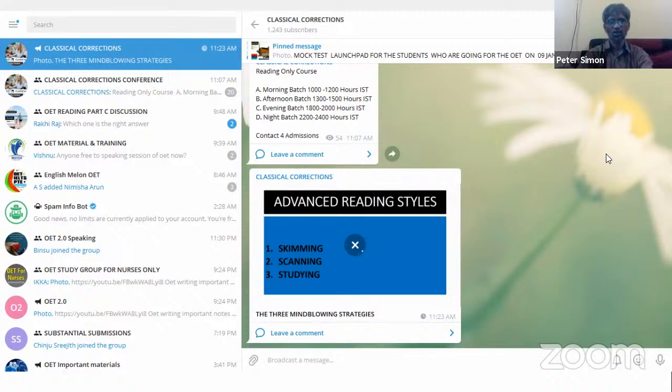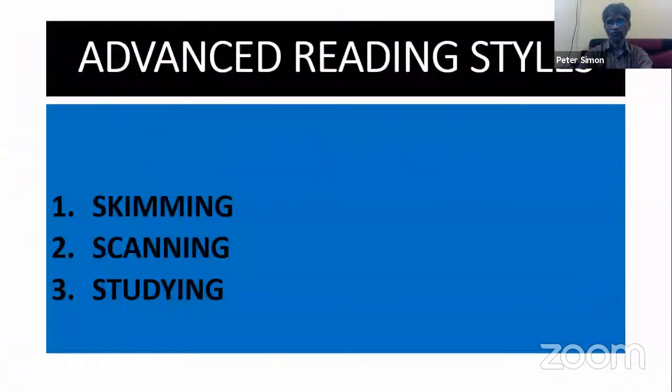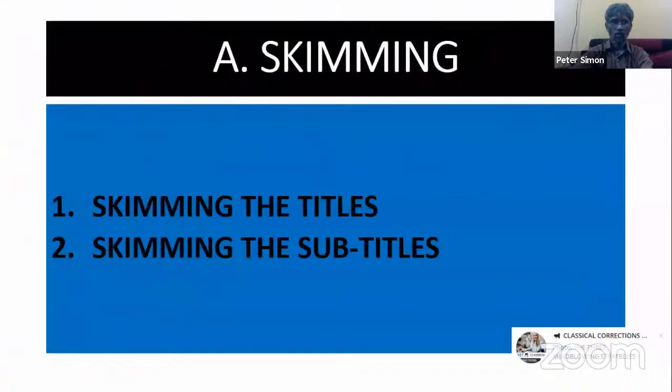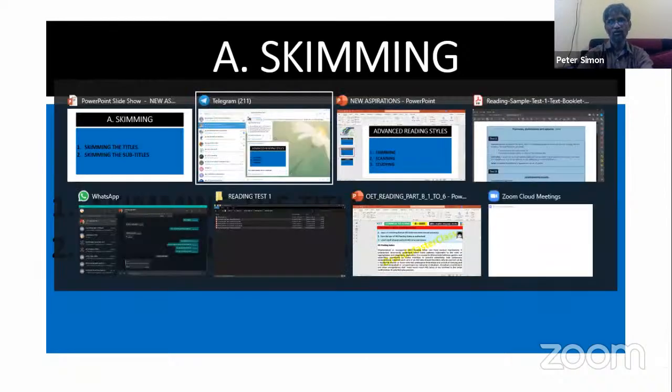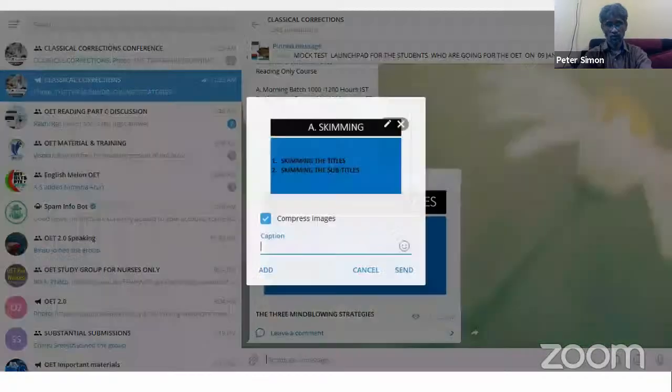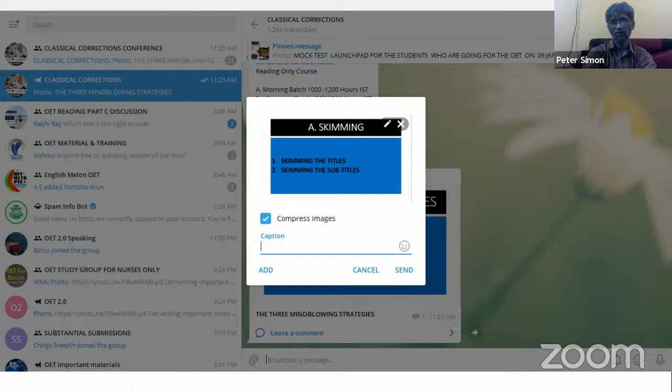I'm teaching you now what skimming is. In skimming, you have three different things.